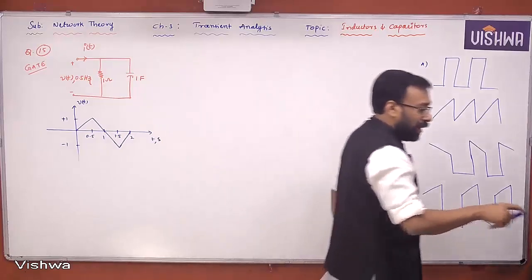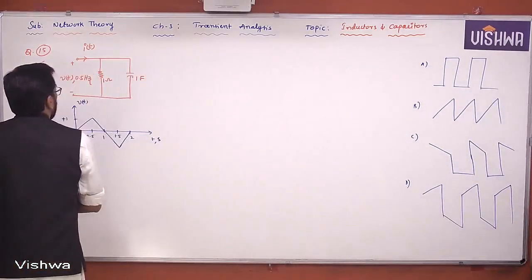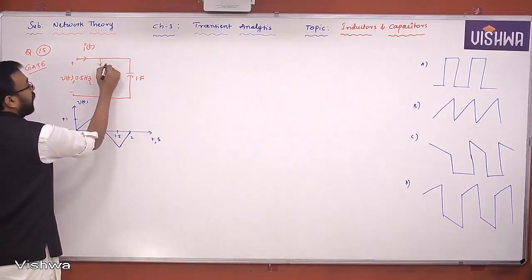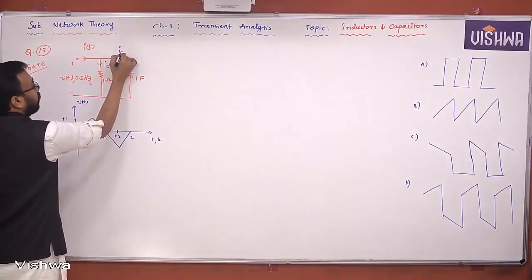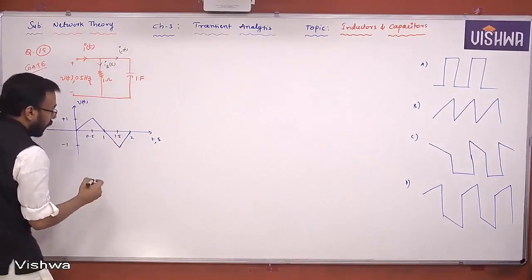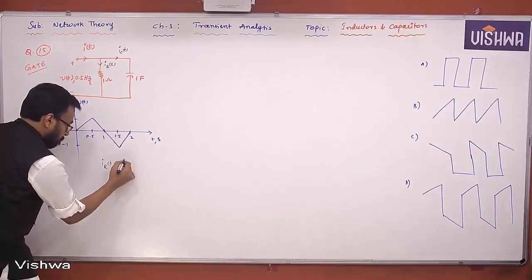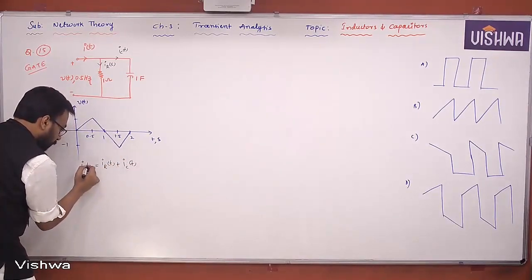Now if you go through the four options, you will understand clearly that the total current is nothing but IR of t plus IC of t, which is the total current, I of t.